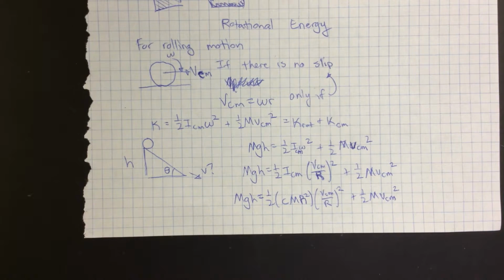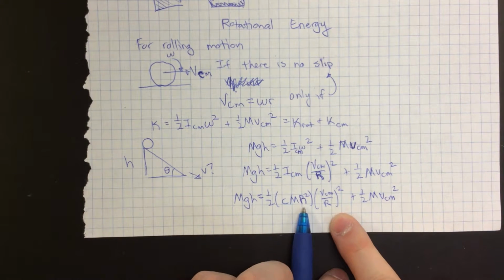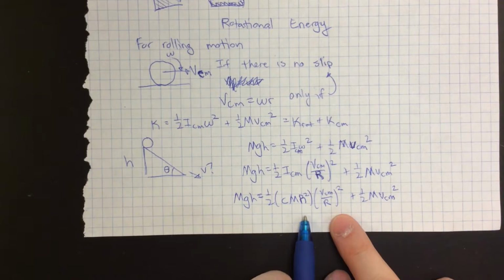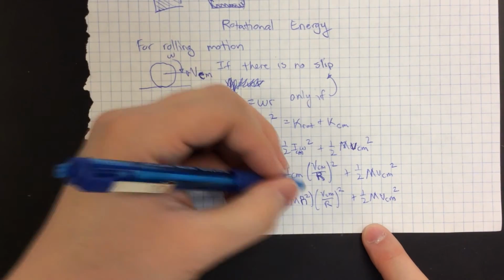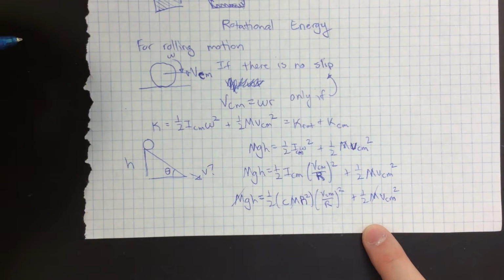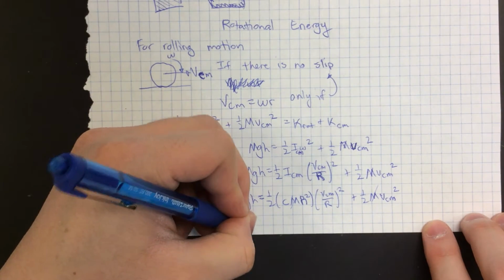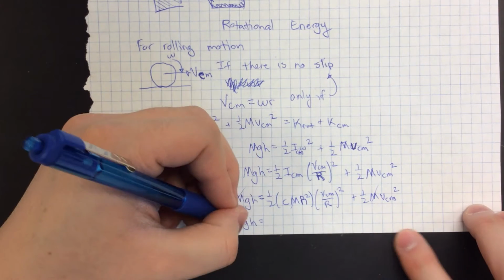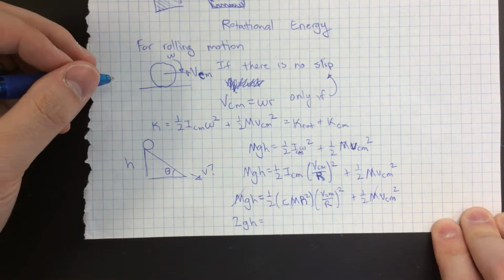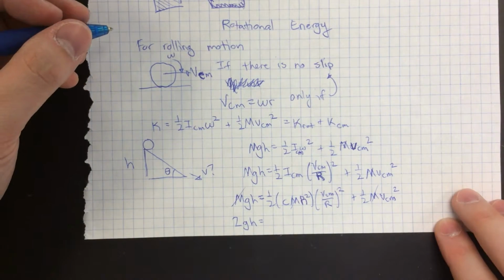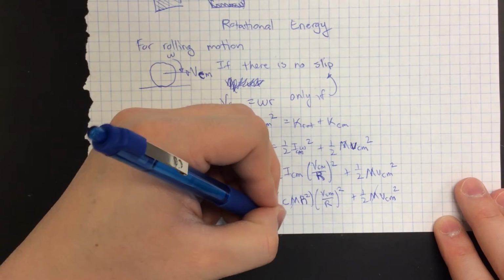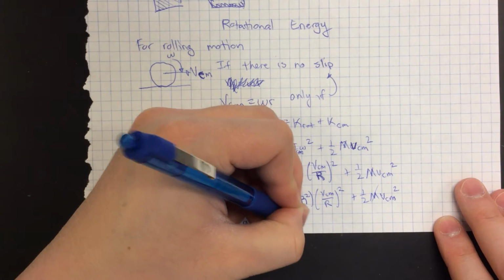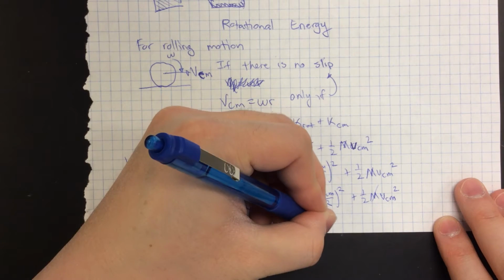So take a look at what happens. The R squareds are going to cancel out. The masses cancel out. And I'm going to multiply both sides by 2 to get rid of the half. You're going to get gh equals a (c plus 1) VCM squared.